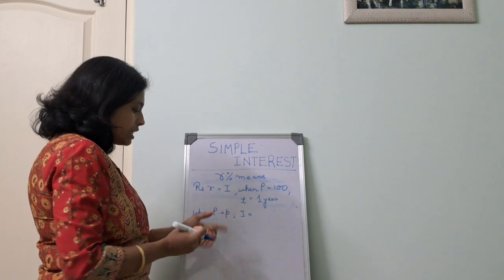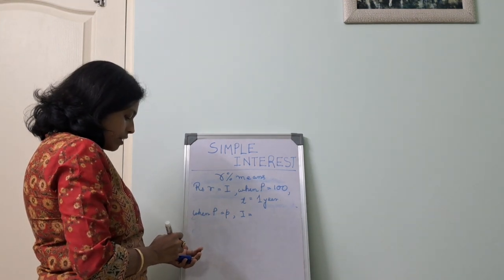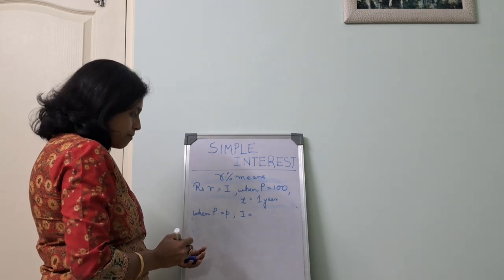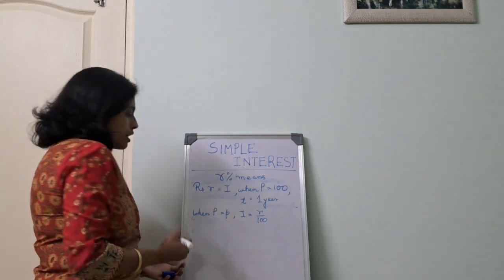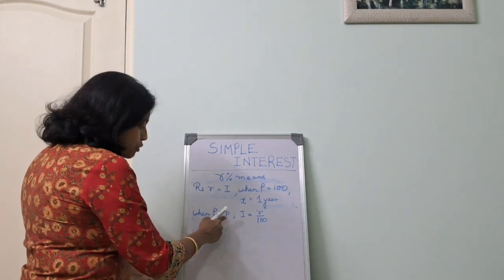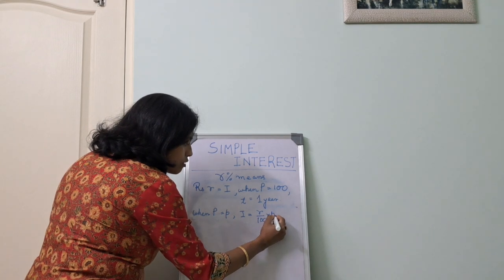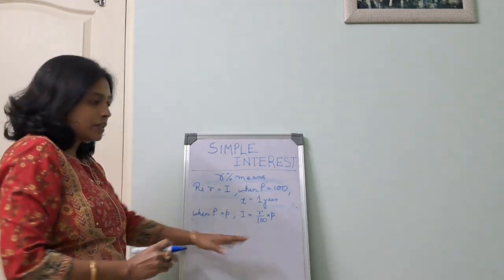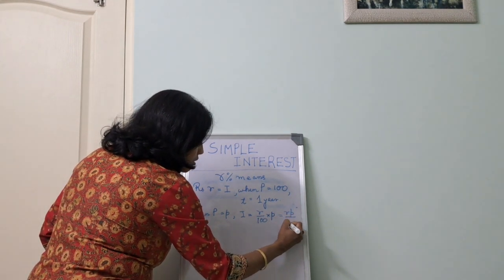Now if p is equal to 1 rupee, interest will be r by 100. Now when p is equal to small letter p, it will be r by 100 into small p. This is the unitary method. So you get the formula rp by 100.